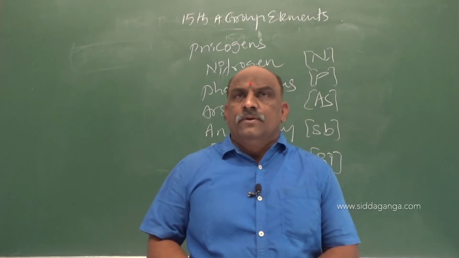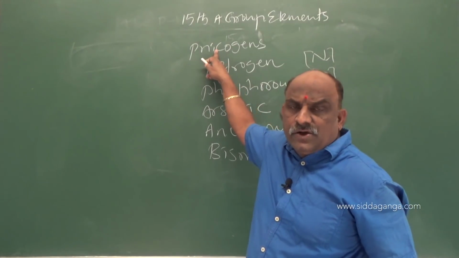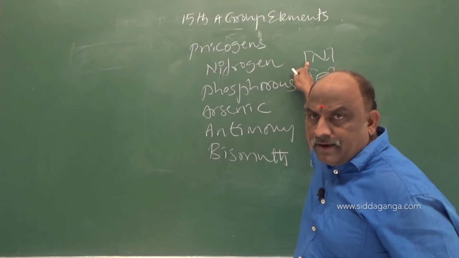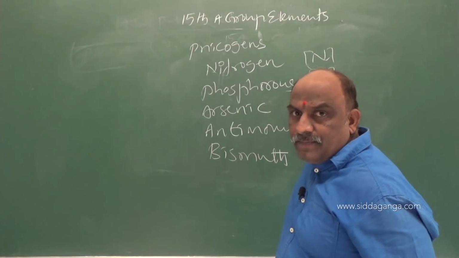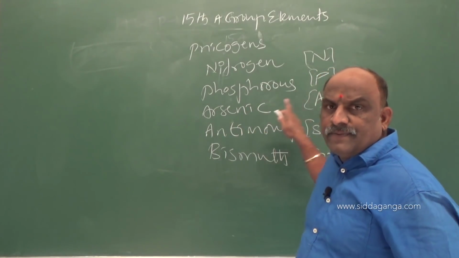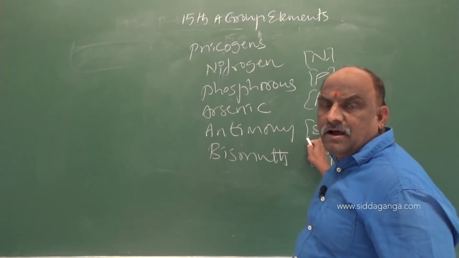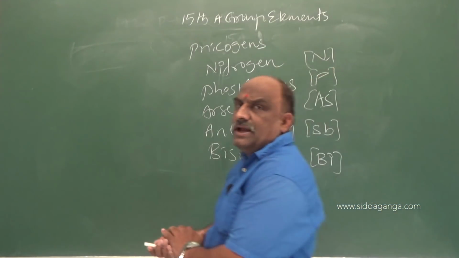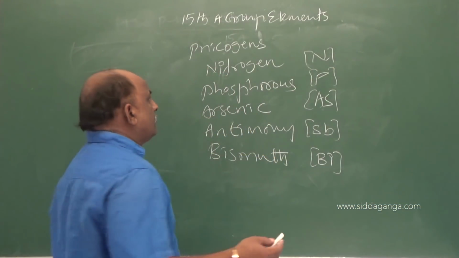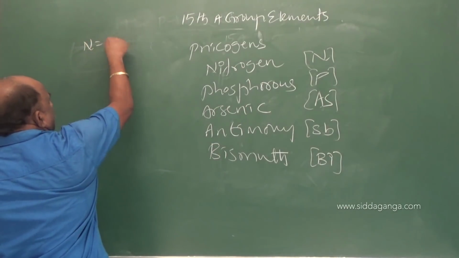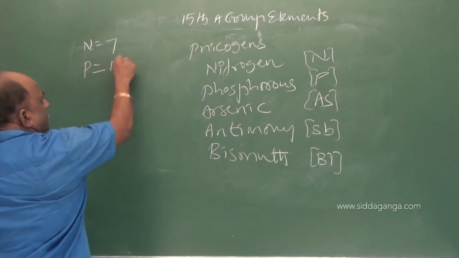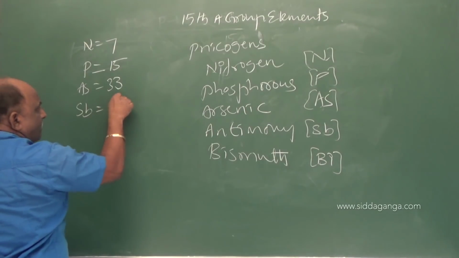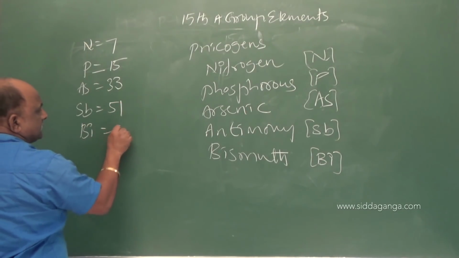So the pnictogens are nitrogen, N; phosphorus, P; arsenic, As; antimony, Sb, whose Latin name is stibium; and finally bismuth, Bi. Observe the atomic numbers: nitrogen is 7, phosphorus is 15, arsenic 33, antimony 51, and bismuth is 83.